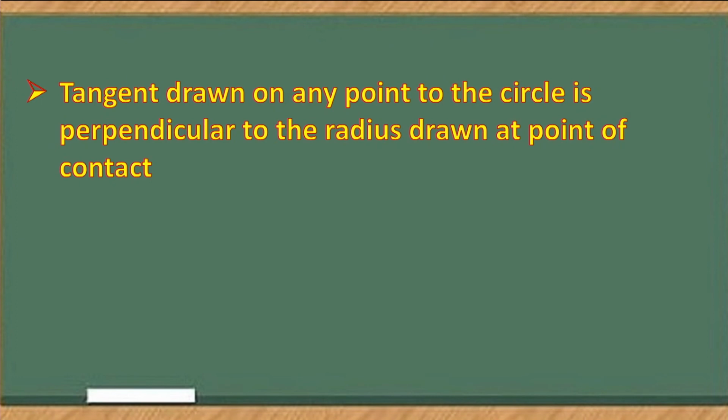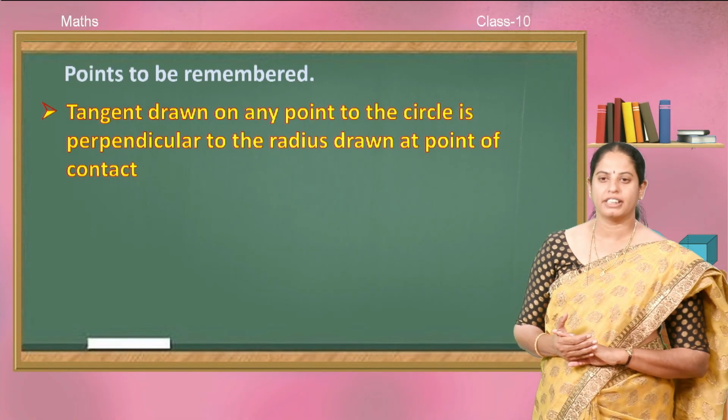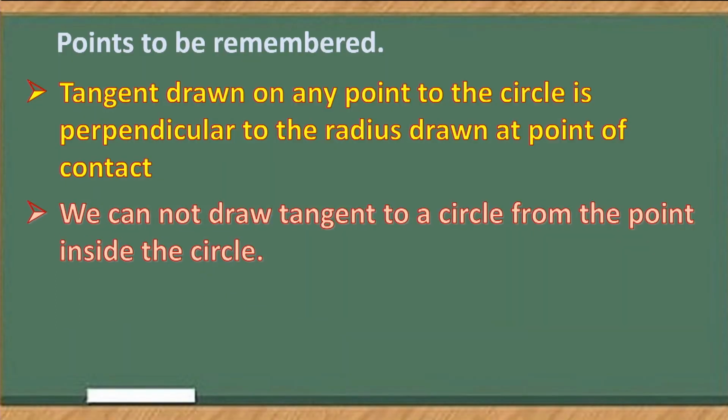Next, a tangent drawn at any point to the circle is perpendicular to the radius drawn at the point of contact. This activity we have done and we have drawn the inference. Next, we cannot draw a tangent to a circle from a point inside the circle. If you put a point in the interior region of the circle, you cannot draw a tangent from that point.